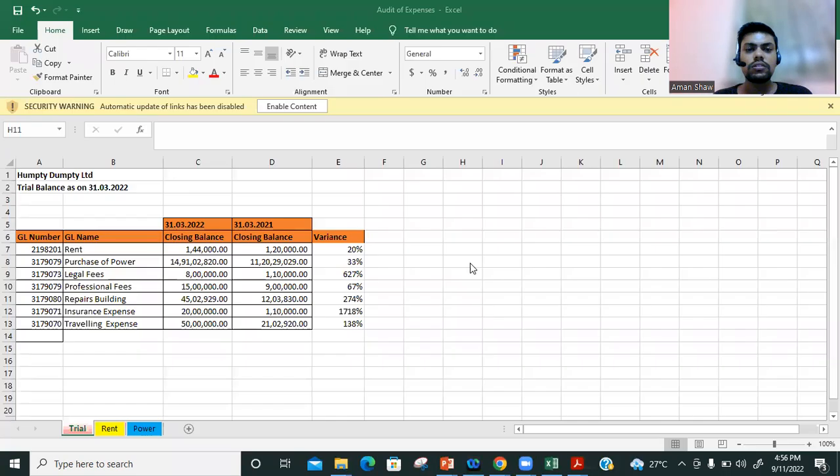Suppose this is the trial balance of the company, and just imagine that there are a lot of expenses coming in the trial balance. However, in the notes to accounts, a lot of expenses have been grouped, so they will give you a bifurcation.